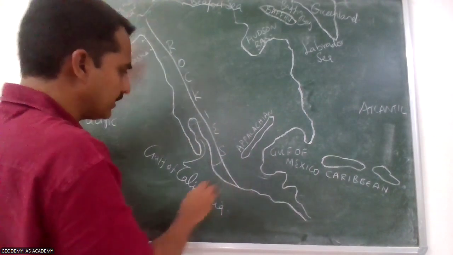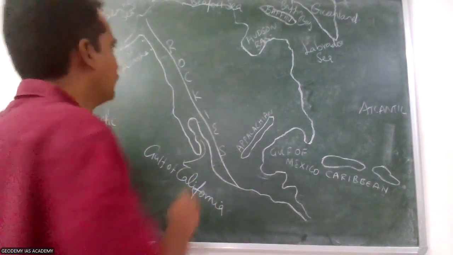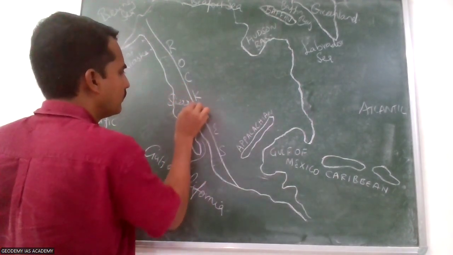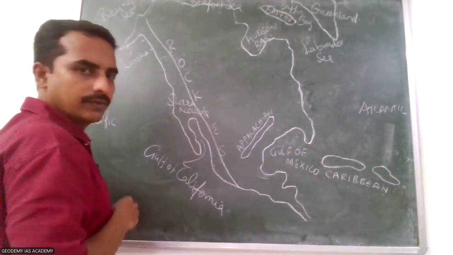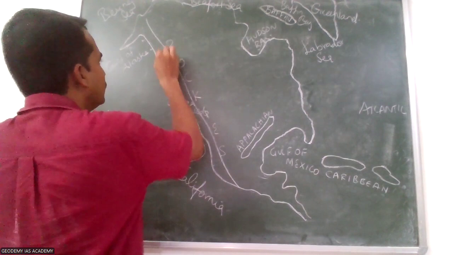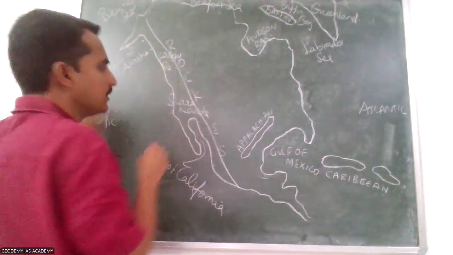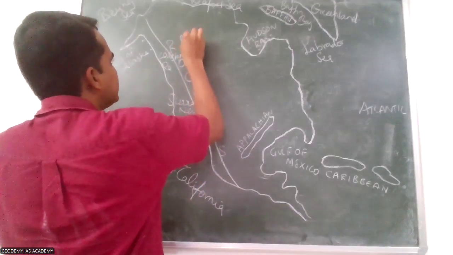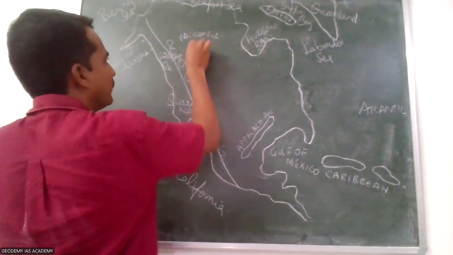In the Rocky Mountain region, there are many local names for the ranges. Here it is Sierra Nevada, in the southwestern USA. And in the Canada region, it is the Coastal Range. Sierra Nevada and Coastal Range are more important, and then the Mackenzie Range here.